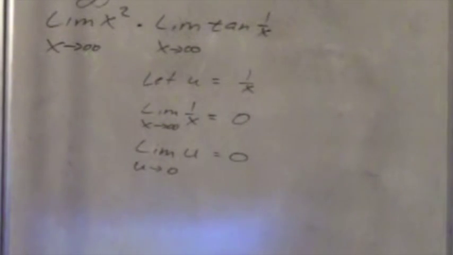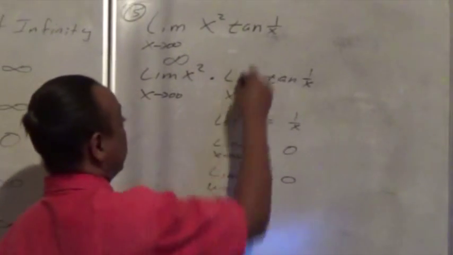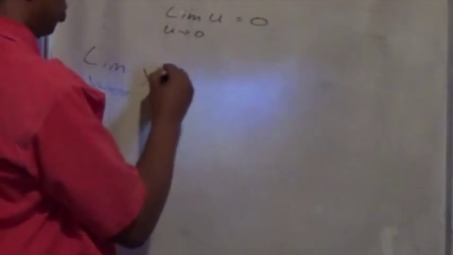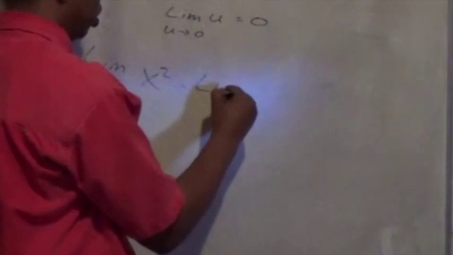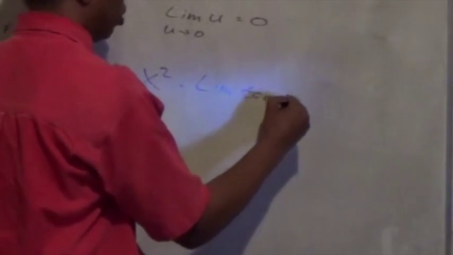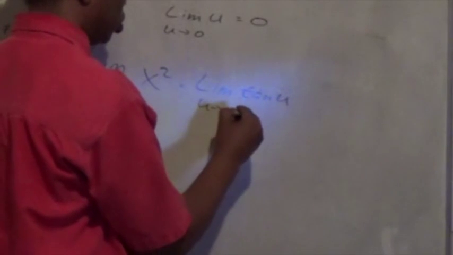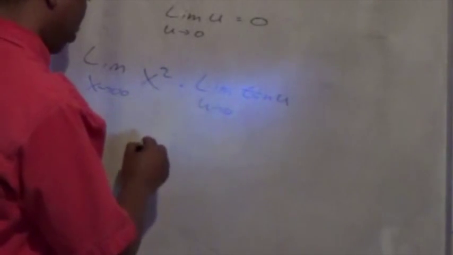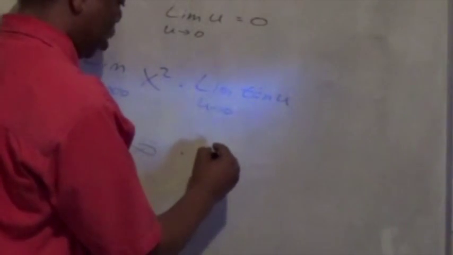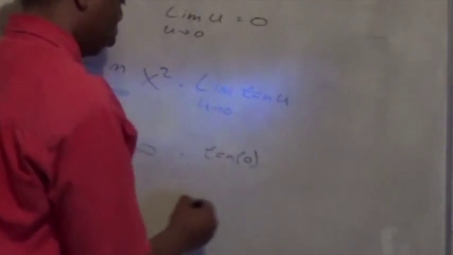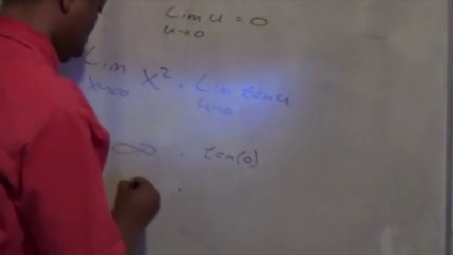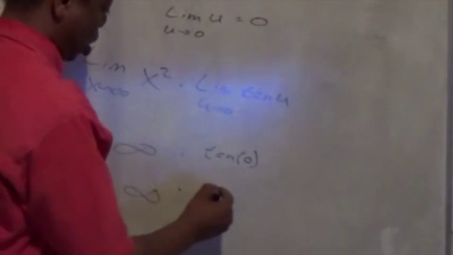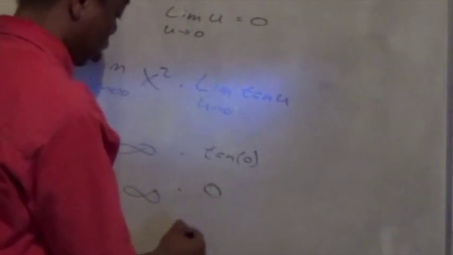Substitution. Okay, now I can put this in here, and we have the limit as x approaches infinity of x squared times the limit of the tangent of u as u approaches 0. Here, this will give me positive infinity, and this will give me the tangent of 0. And infinity times 0 is 0.